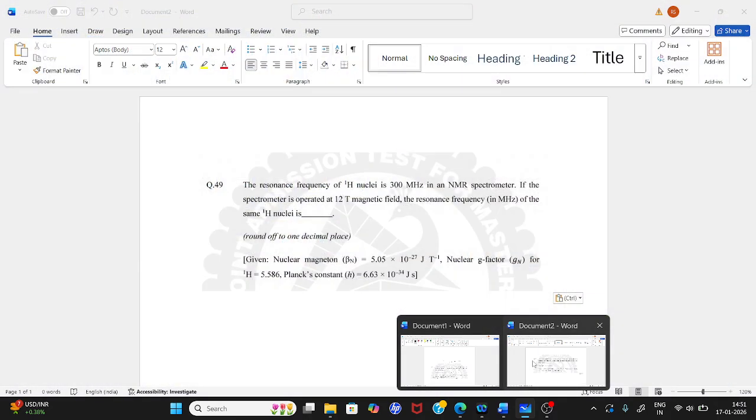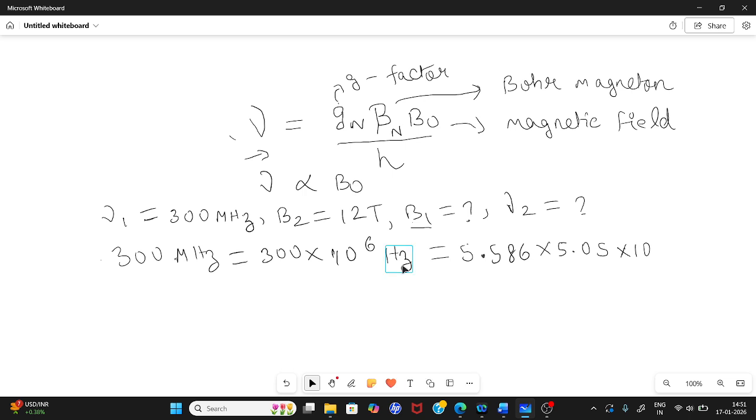And then you have the units there. I'll show you how to play with the units there. So 10 raised to the power minus 27 multiplied by B naught, you need to calculate, and you divide this thing by 6.63 into 10 to the power minus 34. Okay, so now you look at it.